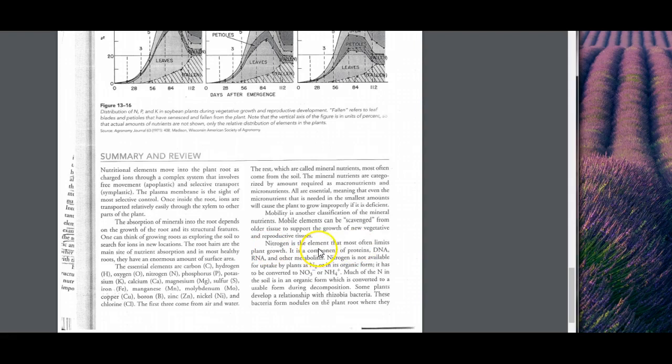Usually nitrogen is going to be the element that most often limits plant growth because it's used in the greatest quantities, and it's contained in proteins, DNA, RNA, and a lot of metabolites. Remember, nitrogen is not available as N2. It's got to be taken up as nitrate or ammonium, and much of the nitrogen in the soil is actually in an organic form, which has to be converted to a usable form during decomposition.